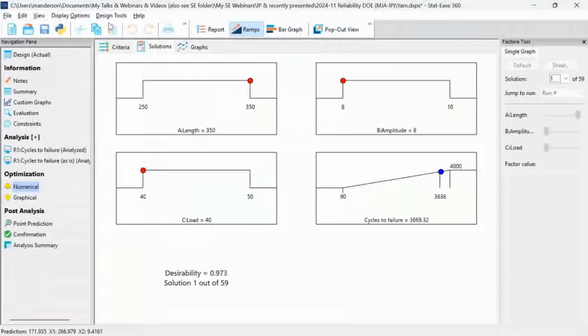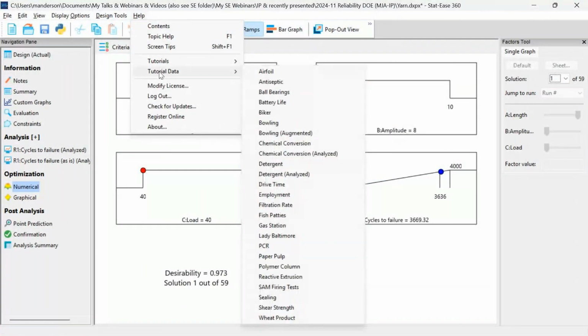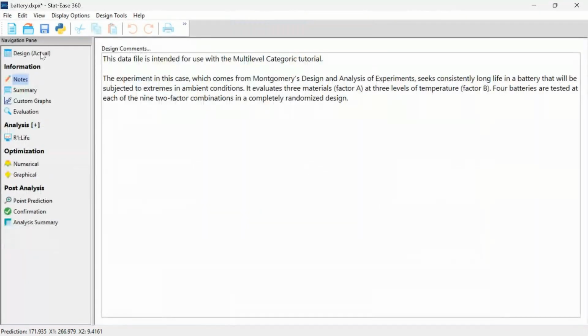And I can show you very quickly, with the few minutes we have left, with the tutorial data on the battery life, how that would be done.